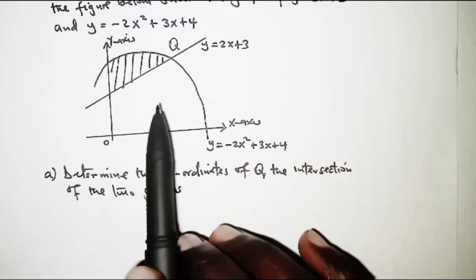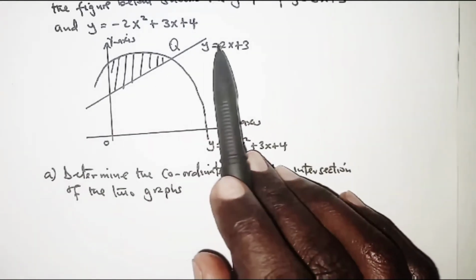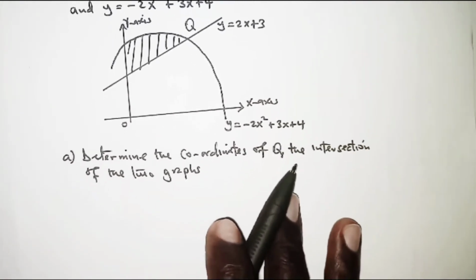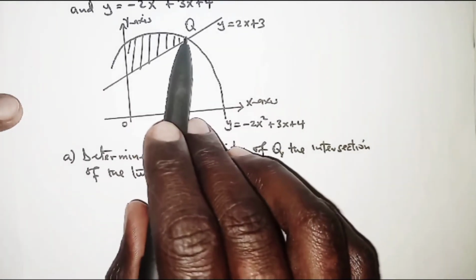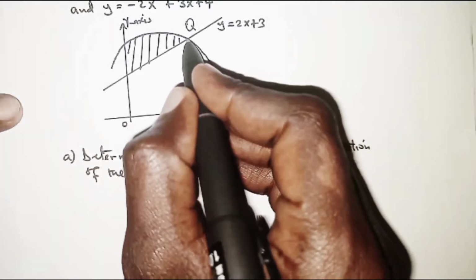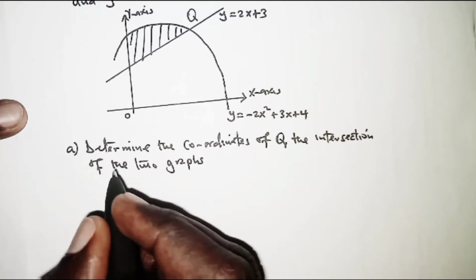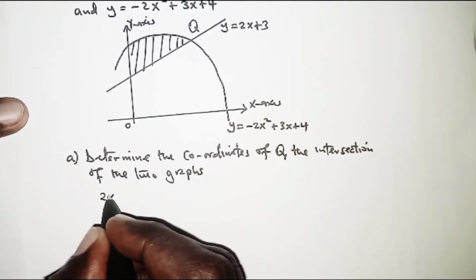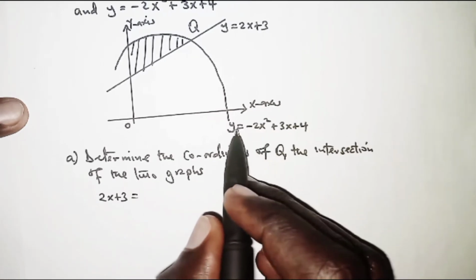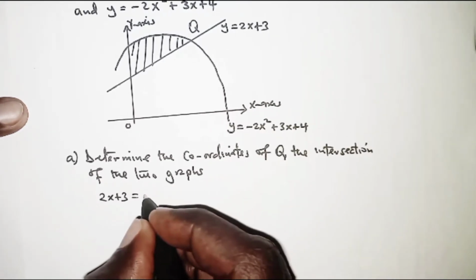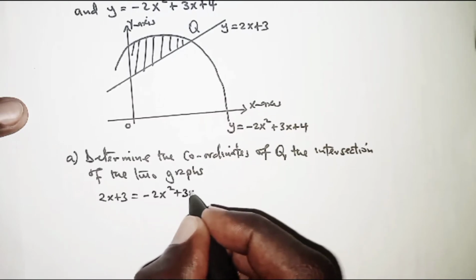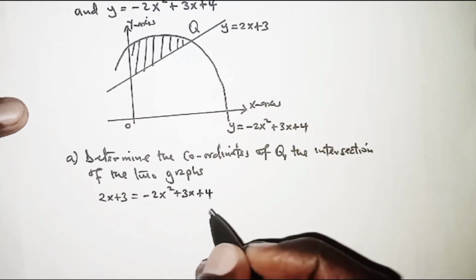Point Q is the intersection of the straight line and the curve. The point of intersection simply means that the two are equal at that point. So you can equate 2x plus 3, which is equal to y, to negative 2x squared plus 3x plus 4.